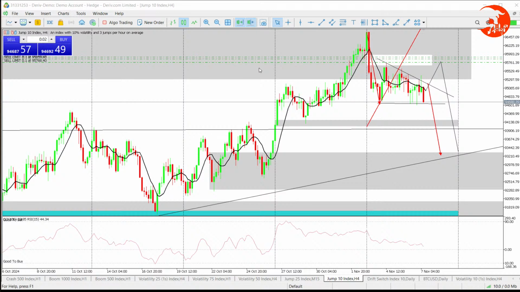There's a trick I had showed you guys of you even getting a smaller lot size, trading with smaller lot size than the actual lot size that the broker gives you. There's a manipulation we do. If you wanted to trade Boom 1000 with 0.01 lot size, what you do is you increase your lot size to 0.21, then you make your entry.